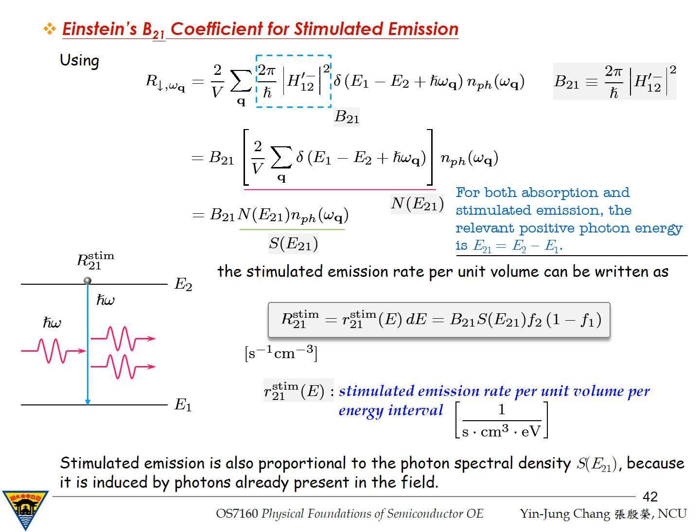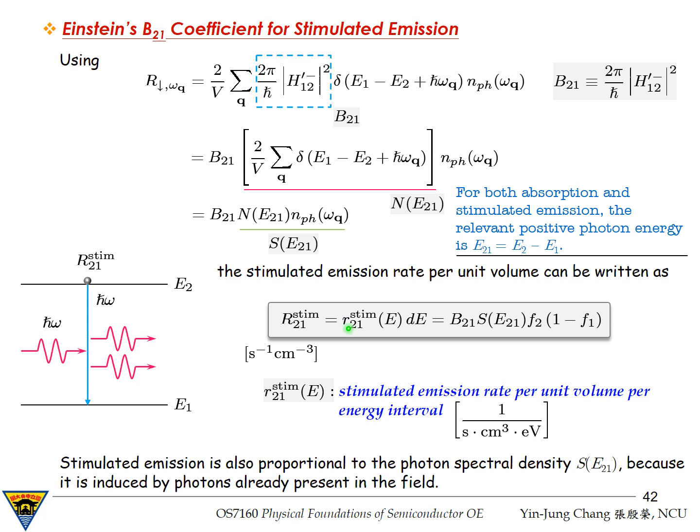By including the occupation probabilities, we obtain the stimulated emission rate per unit volume, as shown in this equation. The per unit volume stimulated emission rate can be further expressed as the stimulated emission rate per unit volume per energy interval times the spectral width dE of the emitted light centered at energy E21.